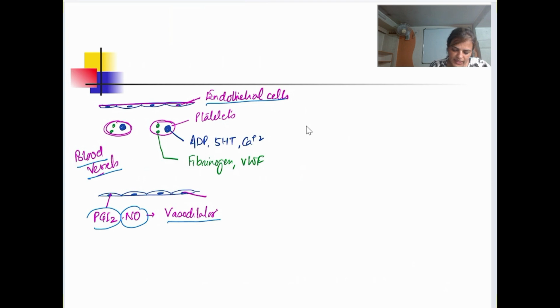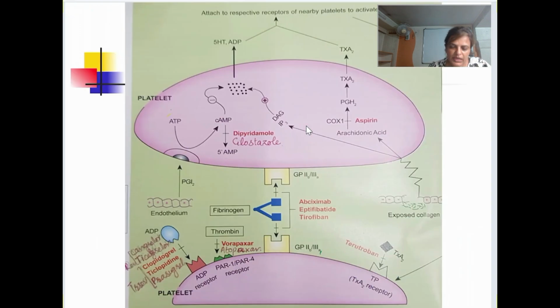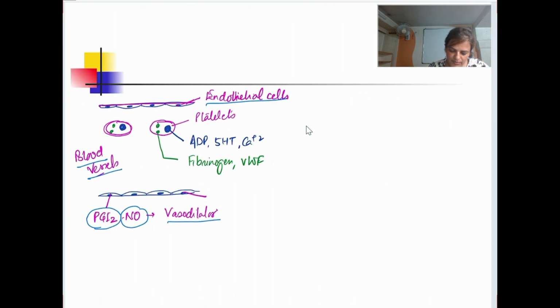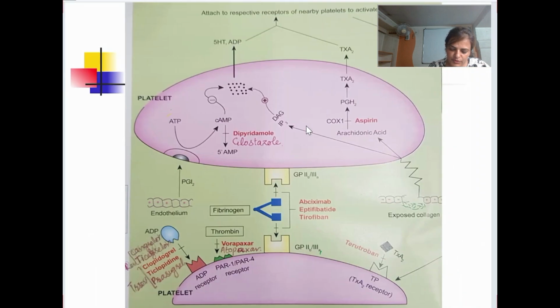Now, if the prostacyclin comes in the circulation, what does it do? This is a bigger picture. This illustration I have taken from Principles of Pharmacology by H.L. Sharma and Dr. K.K. Sharma. Here I have shown a bigger picture of a platelet cell. You can see on the surface of the platelet cell there is this prostacyclin which is coming from the intact endothelial cell.